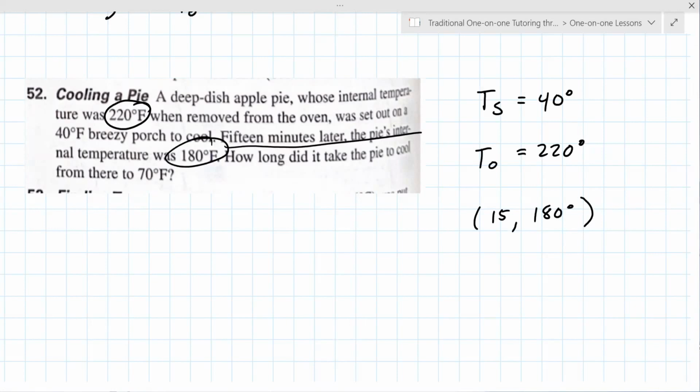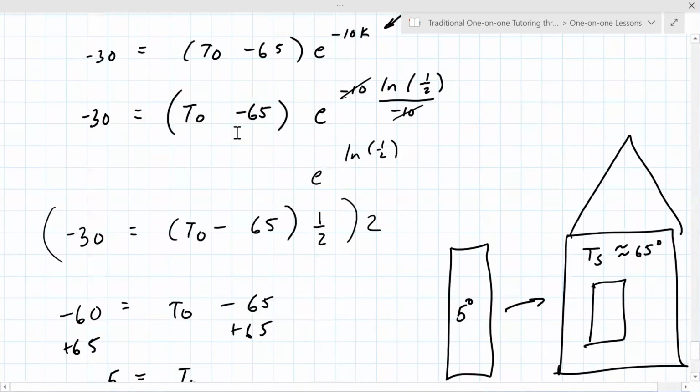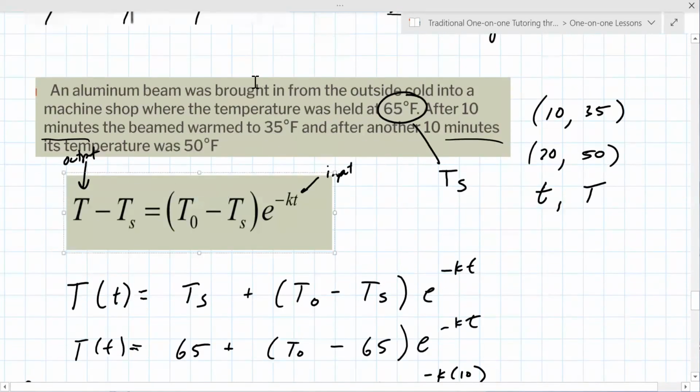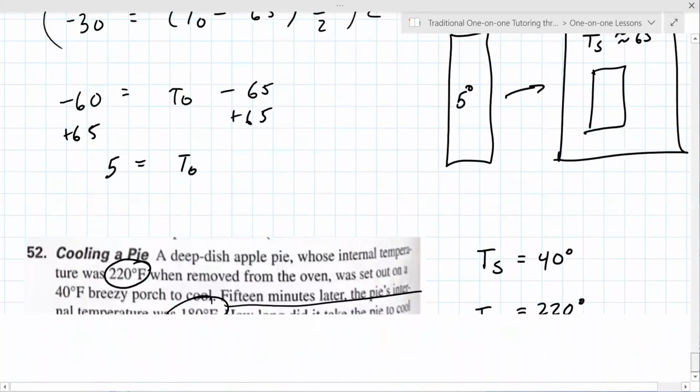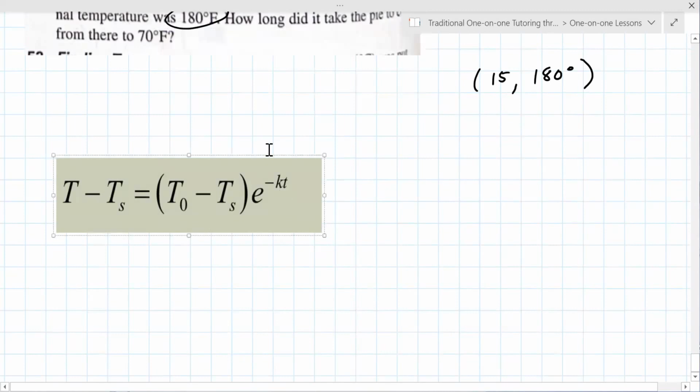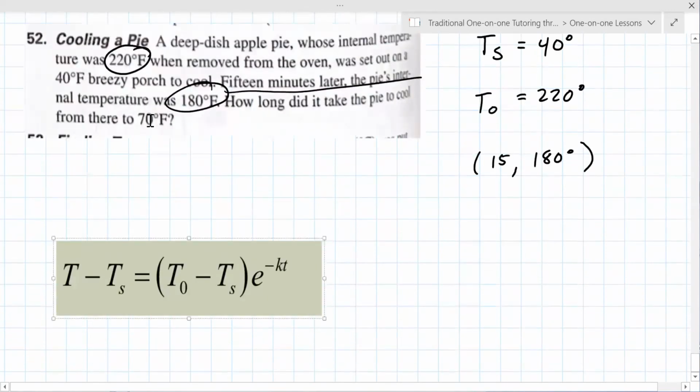So now let's go back and grab that equation. What's the T0 for? Remember we talked about problems yesterday where you always find the constants. Well, once you find the equation, you then solve it. So we're going to substitute in what we have here.